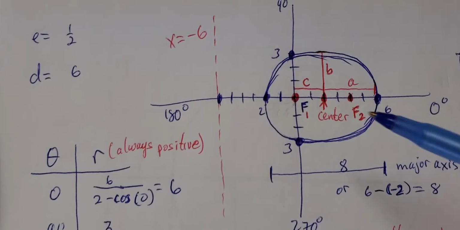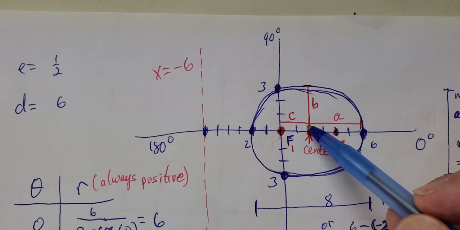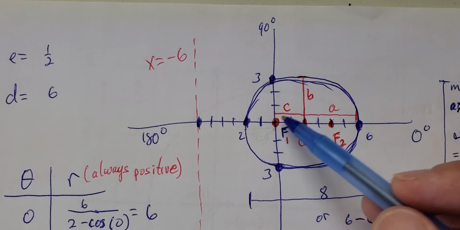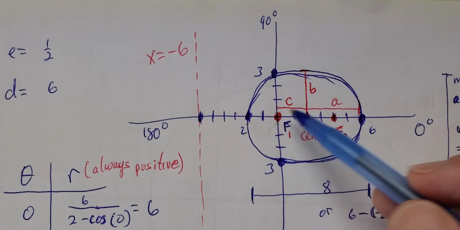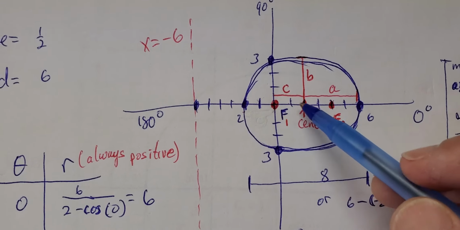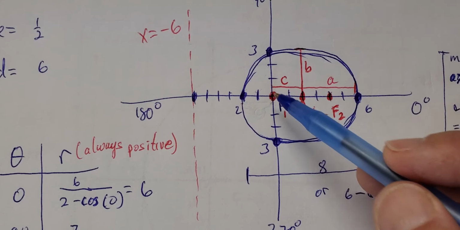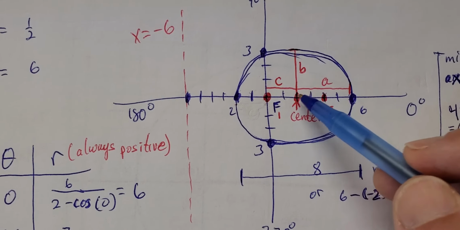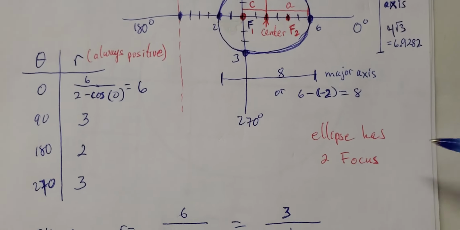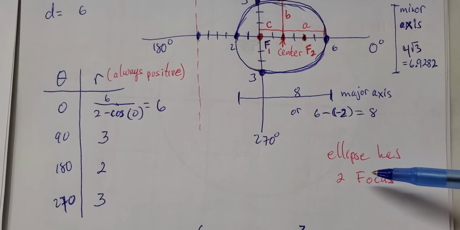So the distance of c is from the center to the focus. Here's my first focus. This is how you find the focus from the center: 2 units to the left is my first focus, and 2 units to the right will be my second focus, because an ellipse must have 2 foci.